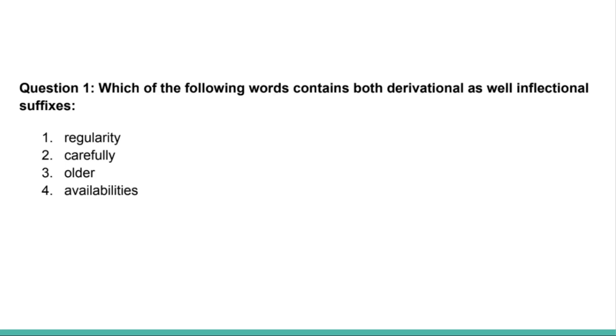So here you observe that there's a substantial change in meaning, and there's also a change in the part of speech tag category. So here we can conclude that ity is a derivational suffix.